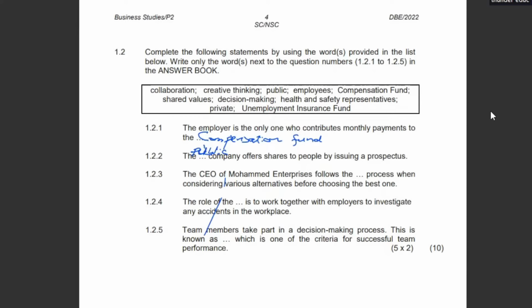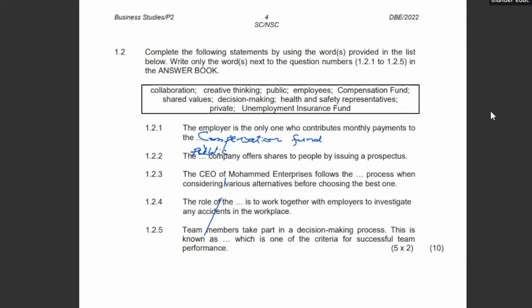Okay, right. So now let's move on to 1.2.3. It reads as follows. The CEO of Mahomet Enterprises follows the dash process when considering various alternatives before choosing the best one.